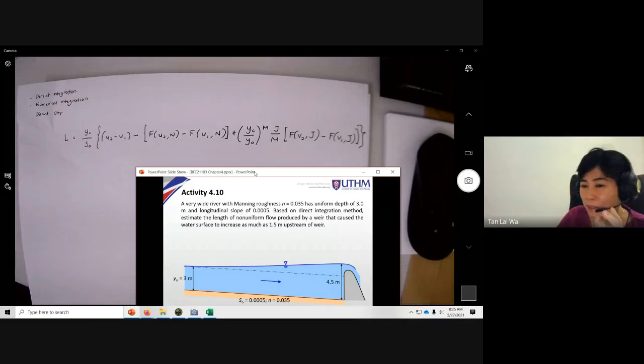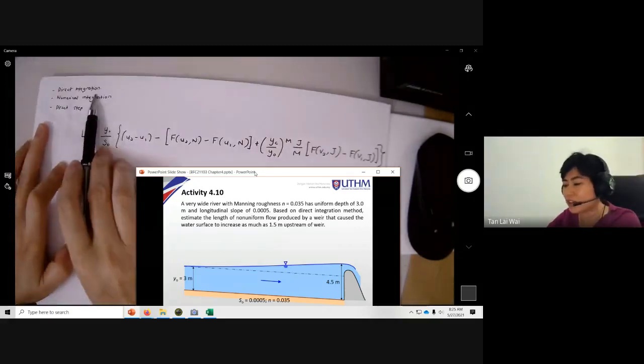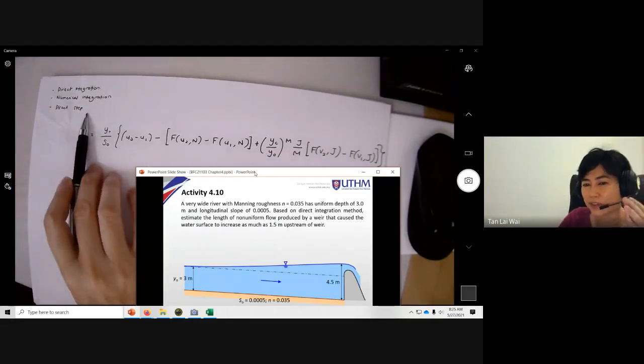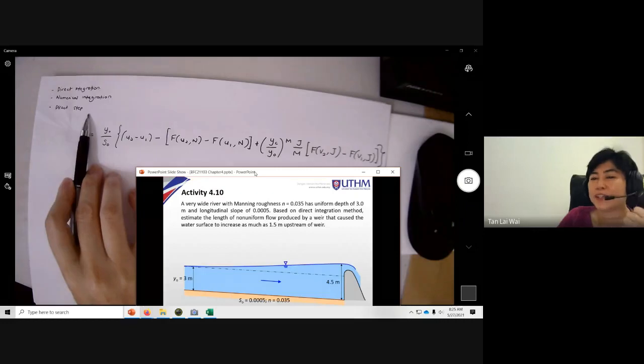Depending on the question, if it doesn't state any method, you could use any of the three: direct integration, numerical integration, and direct step. But normally, the question will state the method that you should use. In this case, in activity 4.10, it's stated there, use direct integration method.